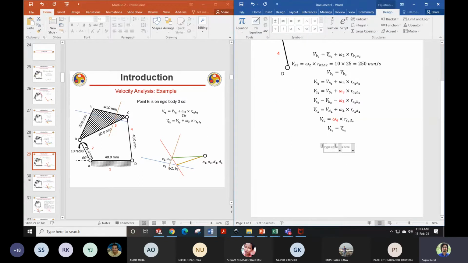Velocity of point E when it is on body 3. But it is always on body 3, so why assume? So velocity of point E on 3 equals velocity of B on 3 plus omega of body 3 cross position of E on 3 with respect to B on 3. Okay, fine. Correct.